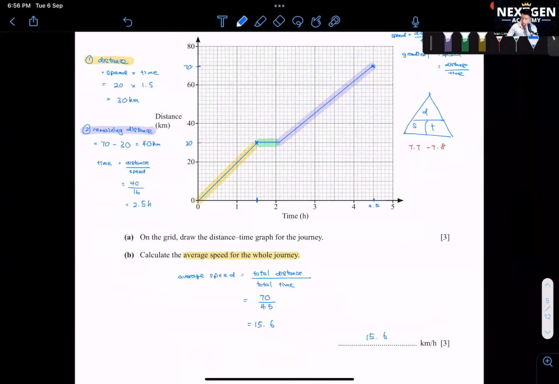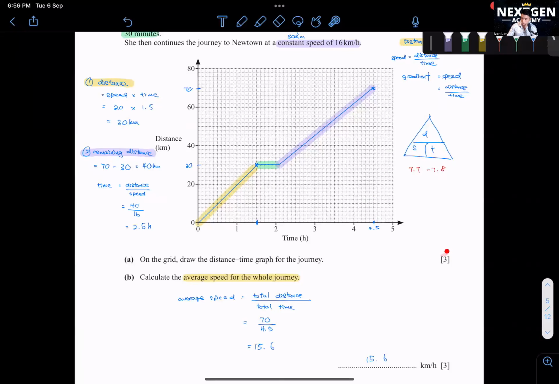This is, I think, quite a tricky one. 6 marks. Anyone don't know how to do? Especially the new ones. Anyone needs clarification? If your speed equals distance over time, also that one wrong, 100% you wrong the whole thing already. You can write it in fraction also. Don't worry.